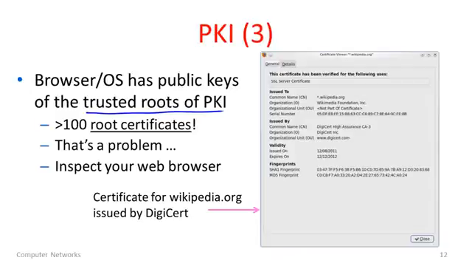Now, it's interesting here, if you look inside your browser, you might find there's not one root certificate, but many that your browser trusts. Maybe there are 100 different root certificates that are out there and trusted by all of the different browsers. This is actually a problem because it means that in deciding whether you are talking to the right website, your browser is trusting maybe 100 different parties. The more parties you're trusting, the more risk there is that you're going to end up trusting someone who shouldn't be trusted.